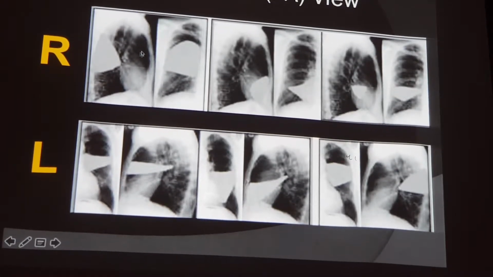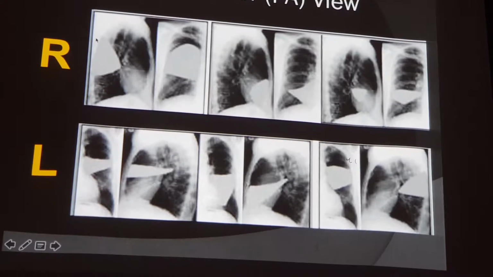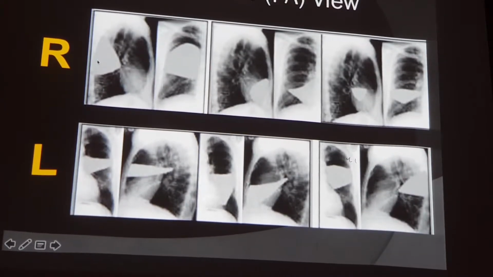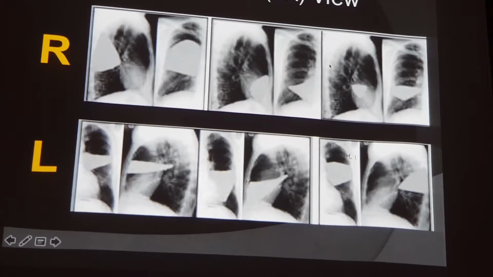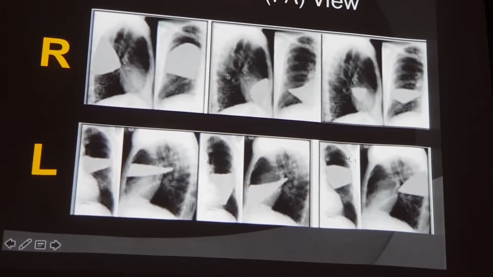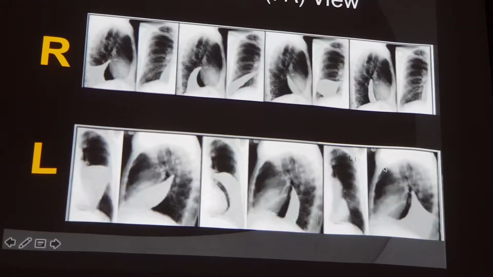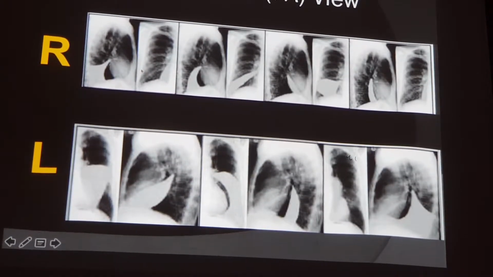Major fissure, you have your upper lobe, you have your middle lobe. Here you have the superior segment of the lower lobe. It is superimposed on the upper and middle lobes in the AP view. It's the same thing for the left. And here we have the basal segments of the right lower and the left lower lobes.